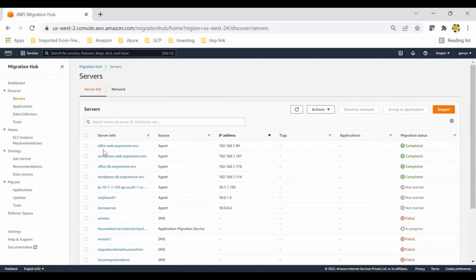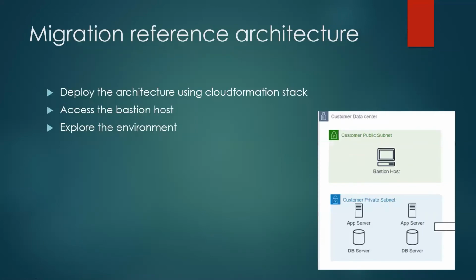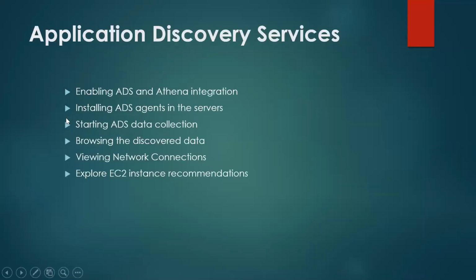As a part of our practical work, these are the servers' high-level architecture diagram. We have collected the data, and let's now browse the discovered data and view the network connections and recommendations. In this part I'll cover these things, and also the grouping of applications.